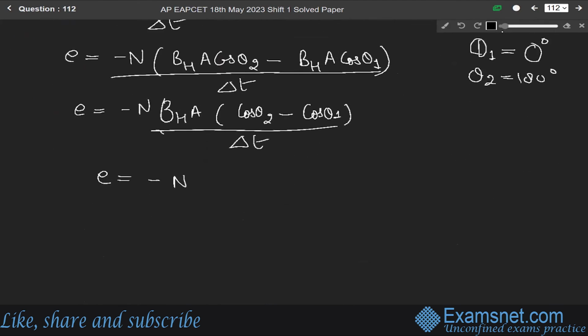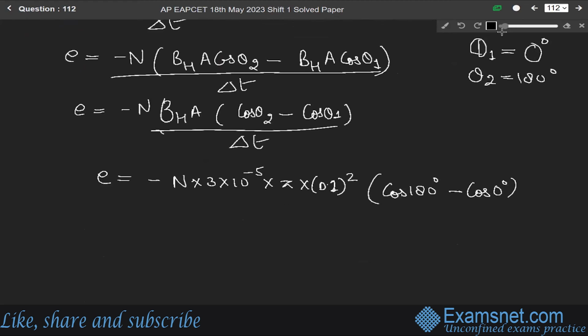So we can write minus of N into 3 into 10 to the power minus 5 into area, means pi into 0.1 whole square, into cos of 180 degree minus cos 0 degree over delta t. Delta t is what? 0.25 second.